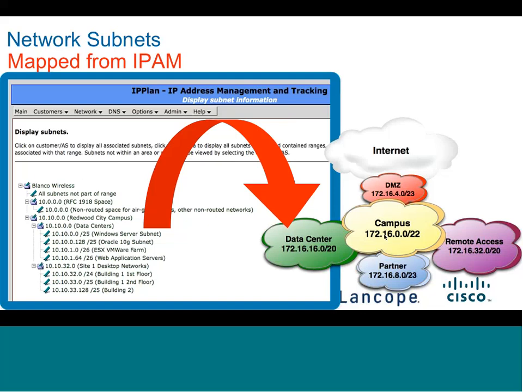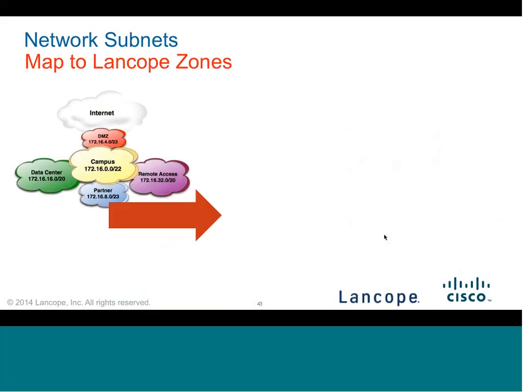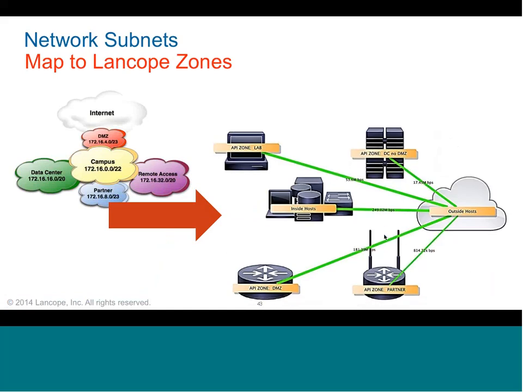And what we're looking at is a way to feed this directly into Lancope via host groups. Again using the API, we go to our single source of truth, create these large, defined functional areas of our network, and push them out.